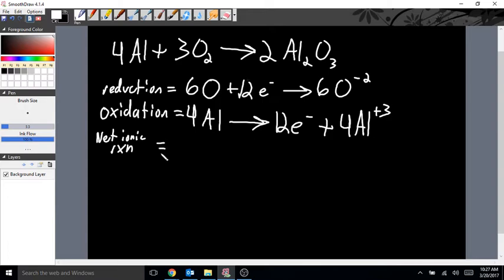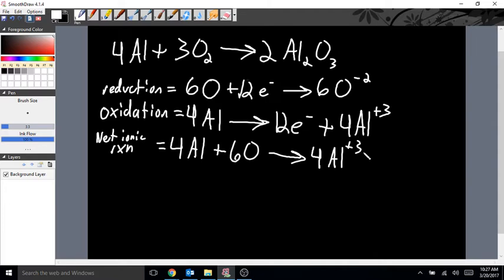RXN, by the way, short for reaction. All right. One thing I can see right away, 12 electrons here on the reactant side, 12 electrons here on the product side. Those are going to cancel each other out. So really I have 4Al plus 6O becoming, keep in mind, our electrons canceled, 4 of these positive 3 aluminum ions plus the 6 negative 2 oxygen ions.